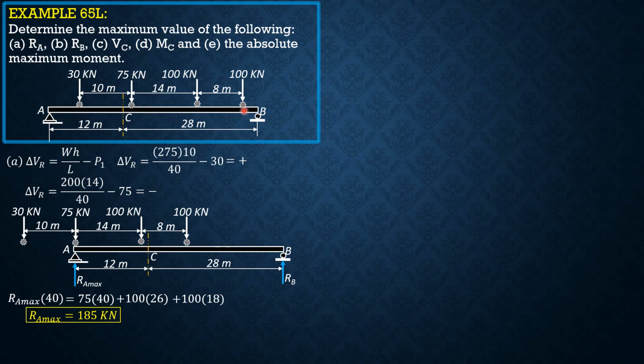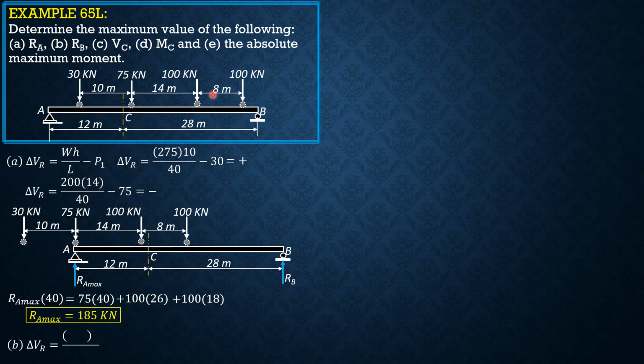For maximum reaction at B, the loads are now moving from left to right. So when the 100 kilonewton load is over B, initially there will be no minus P1, so it starts with positive sign. So when the next 100 kilonewton load is positioned over B, that means our P1 is 100, our W would be 100 plus 75 plus 30, that's 205, and H is 8.